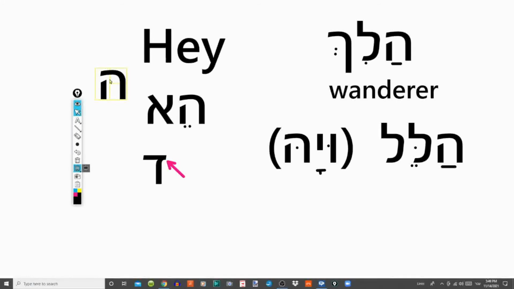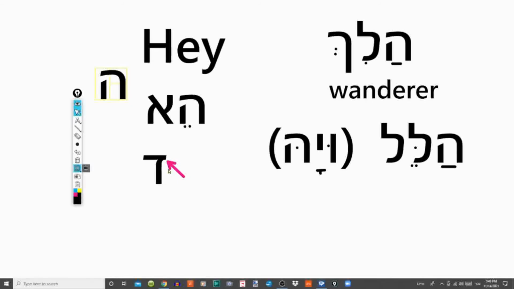If it meets there, you've got a different letter. You've got a chet instead of a hey. So make sure that there is a space there. And the actual letter is spelled hey Aleph, and you can see the sere down below it here, meaning that is an A sound. So it is hey.